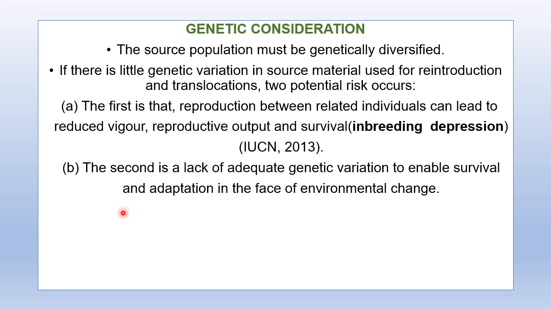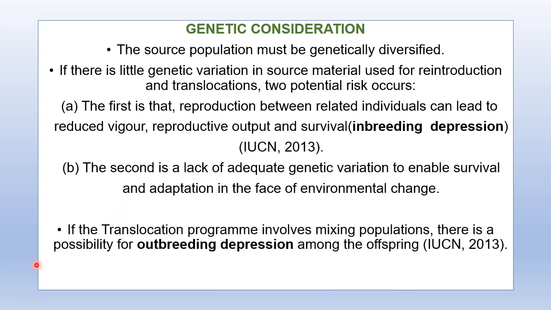Founder selection should aim to provide adequate genetic diversity to ensure a high probability of survival despite environmental change. If the translocation program involves mixing populations, there is a possibility of outbreeding depression among the offspring.